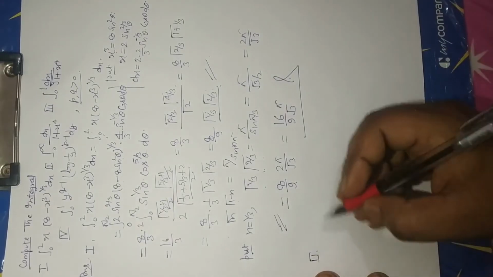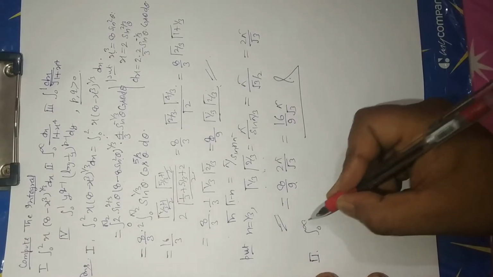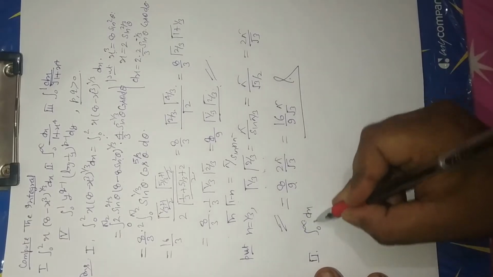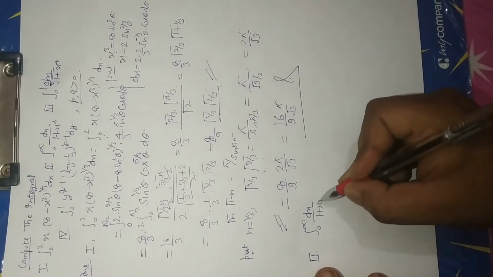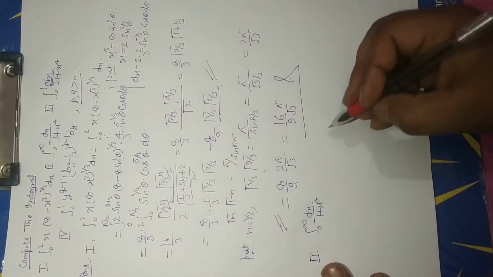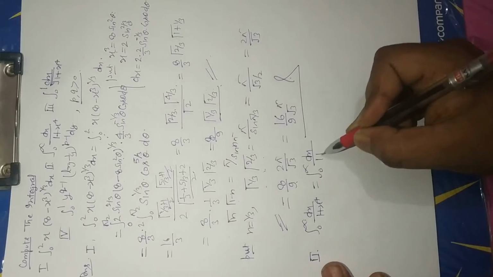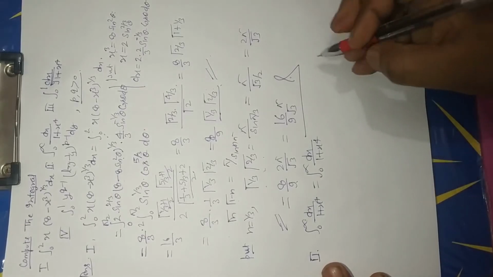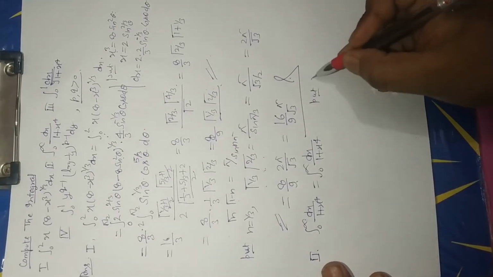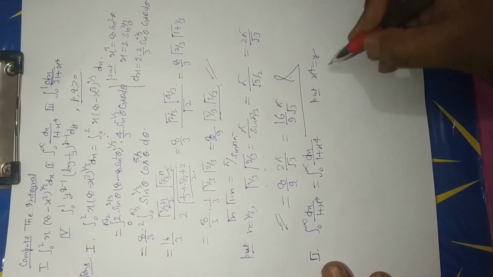Now the second part: integral limit 0 to infinity dx upon 1 plus x to the power 4. Now put x^4 equal to y.